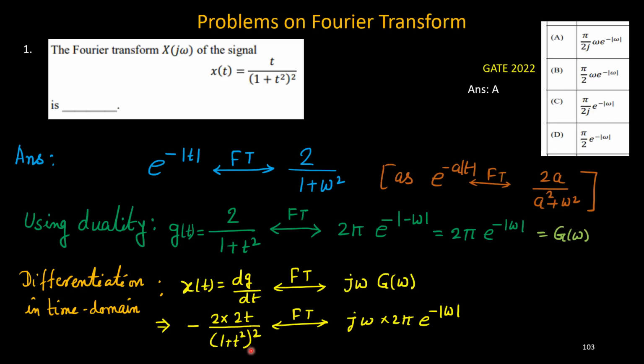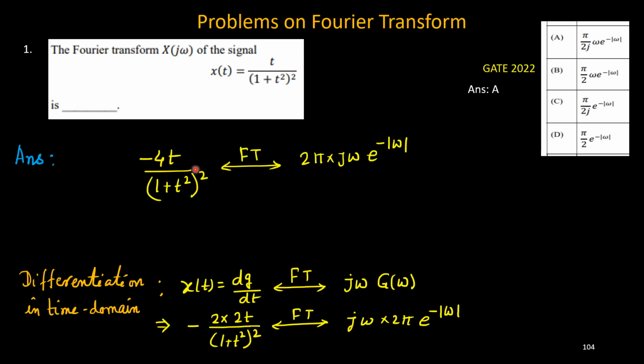And the right side is j omega times G of omega, which we can replace: 2 pi e to the power minus mod omega. Now this is 2 into 2, 4, with a minus sign, so I can divide both sides by minus 4. So it is minus 4t upon (1 plus t squared) whole squared. That's the Fourier transform we have got.